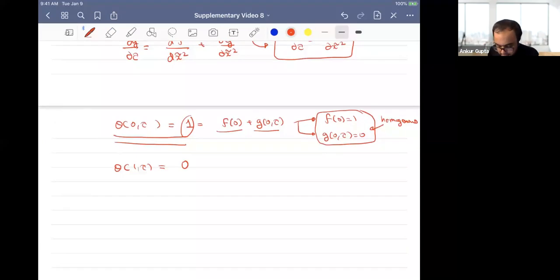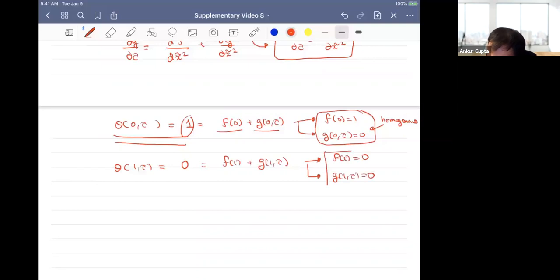This is again equal to f of 1 plus g of 1 comma tau, equal to this value, or simply here we can choose both of them to be 0. That's how we can get this to be homogeneous.